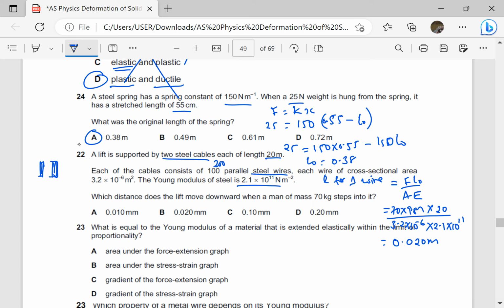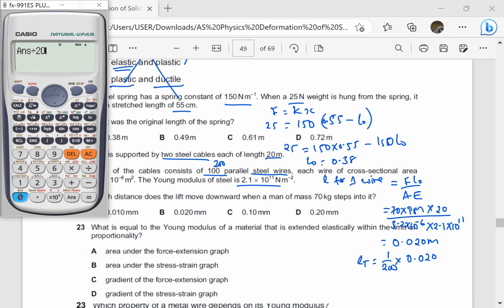But now note that there are 200 wires acting in parallel. So the total extension is going to be 1 over 200 times the extension of just one, which is 0.020.